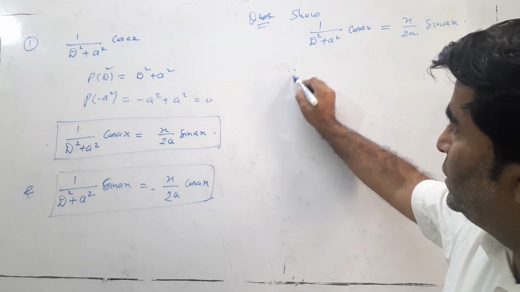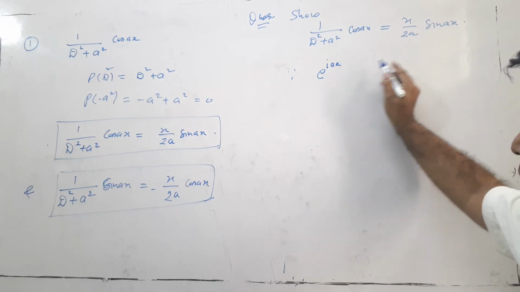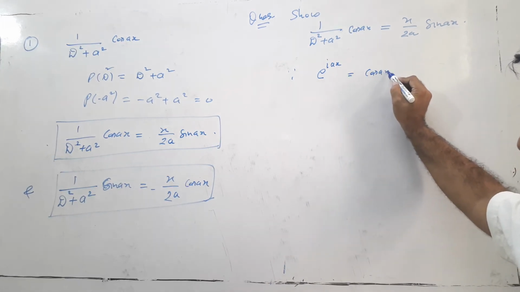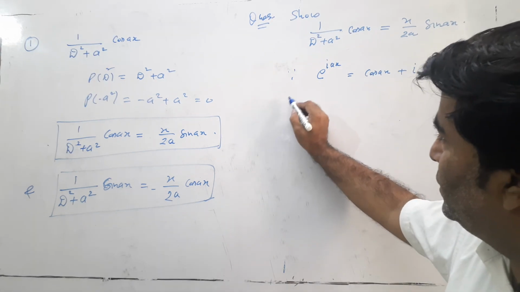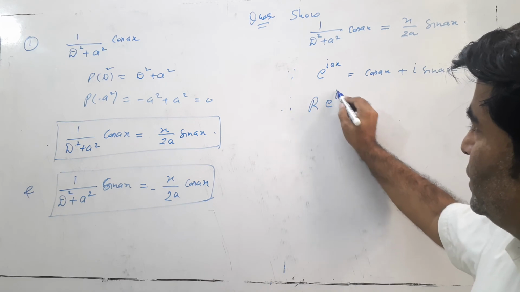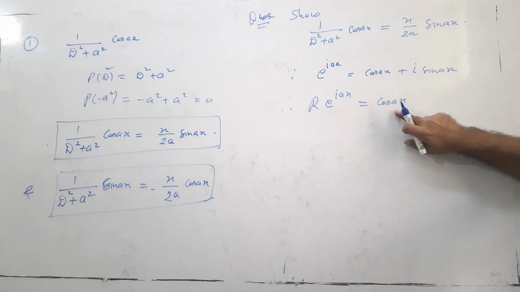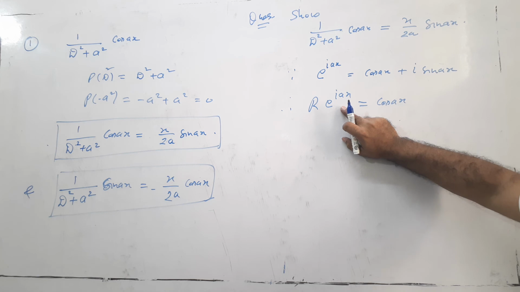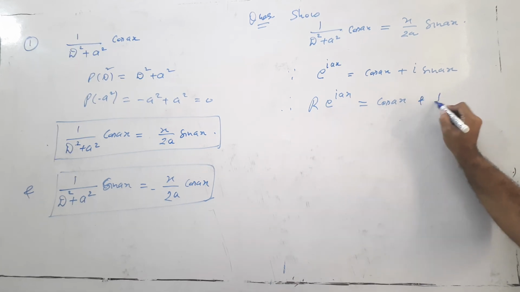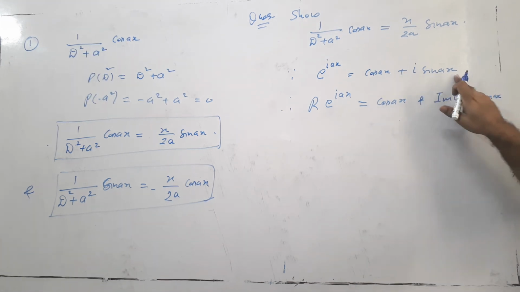Since we know that by De Moivre's theorem e to the power iax is equal to cos ax plus i sin ax. If we take the real part, this is cos ax. So if we have cos ax, then we can write the real part of e to the power iax. Similarly, the imaginary part of e to the power iax will be sin ax. Imaginary part means coefficient of iota.